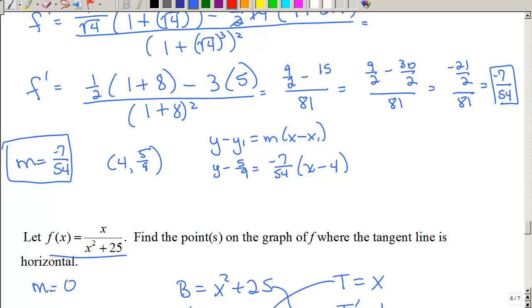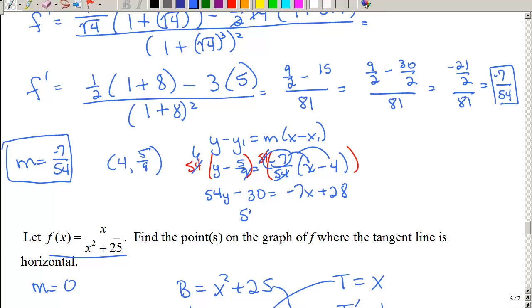Now that's pretty ugly, but we're going to multiply each side by 54 to get rid of some of those fractions. So we have 54y, and then 9 goes into 54 6 times, so that's 30. And those cancel, and I'm going to distribute the negative 7. Start solving for y.